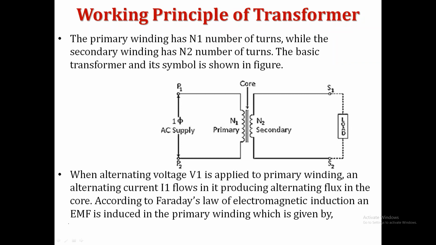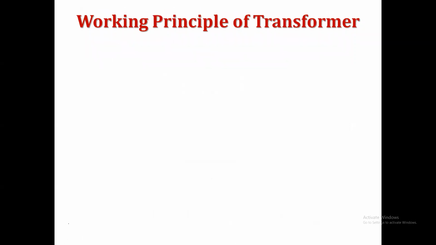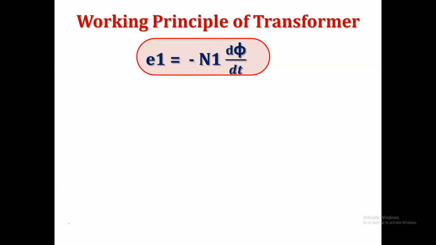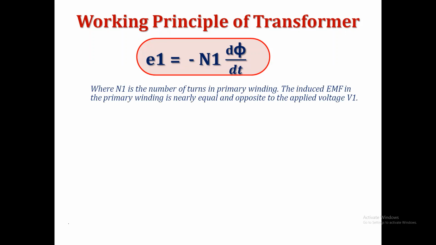According to Faraday's law of electromagnetic induction, an EMF is induced in the primary winding, which is given by this equation: EMF induced in the primary winding is nothing but minus N1 d phi by dt, where the minus sign, what does it indicate? It's Lenz's law. Is it right? It's Lenz's law because this induced EMF always opposes the cause that produced it, and the cause is nothing but that alternating current. Get it, my point?